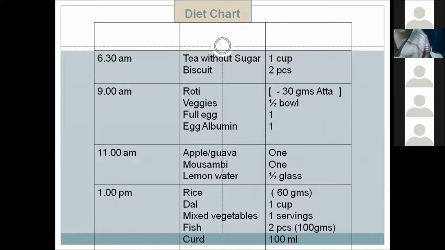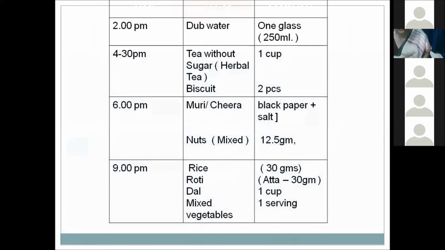This is the diet chart. Roti, veggies, 1 full egg and 1/2. Apple or guava, and musambi and lemon water in the mid-morning. Then again rice, dal, veggies, fish 2 pieces, then dahi, then dab water 250 ml, tea without sugar, herbal tea.